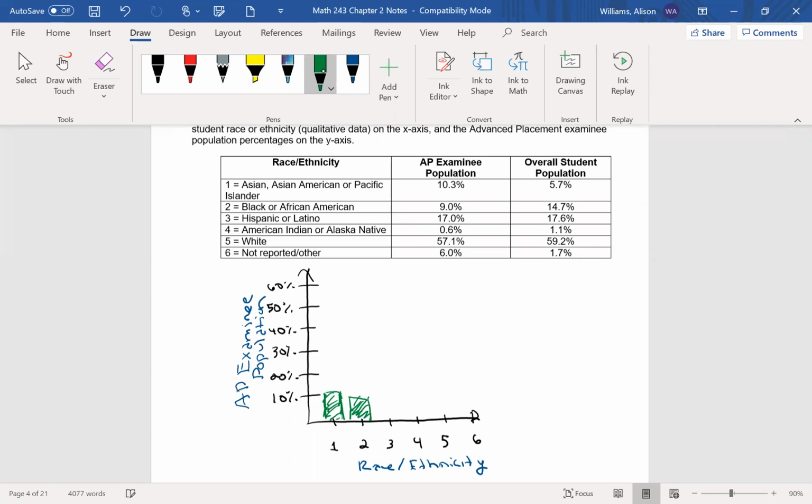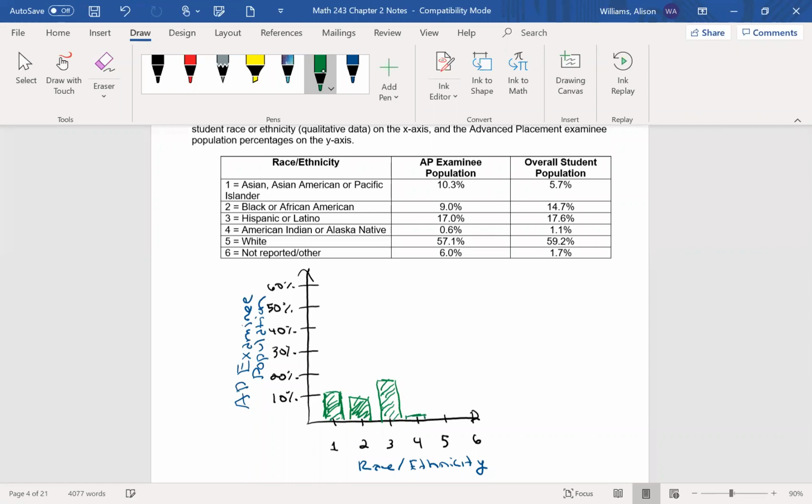All right, for 3, 17%, so that should be underneath the 20, almost right about there. 4 is 0.6%, so you're hardly going to see it. Oh my goodness, that's way too big. All right.